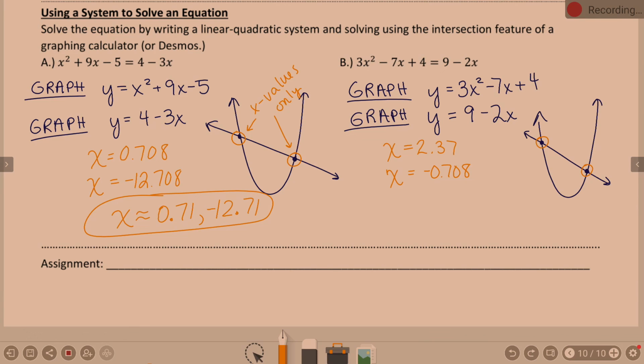If they don't match mine, you might check and make sure you typed in the right equations. No typos there. You also might check and make sure that you tapped the right points. Okay? So when I enter this, I would say x is 2.37, comma, negative 0.71.